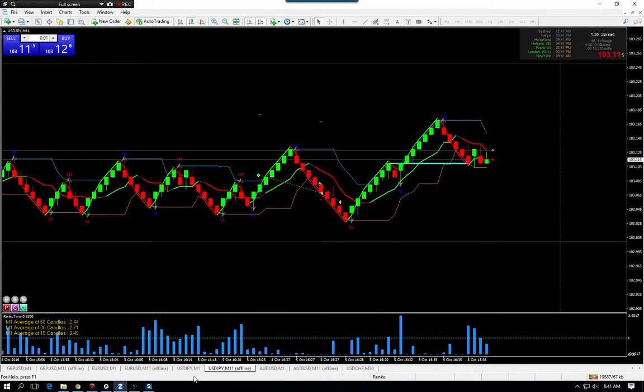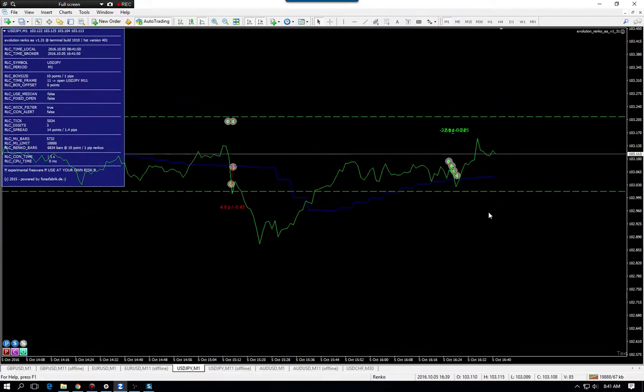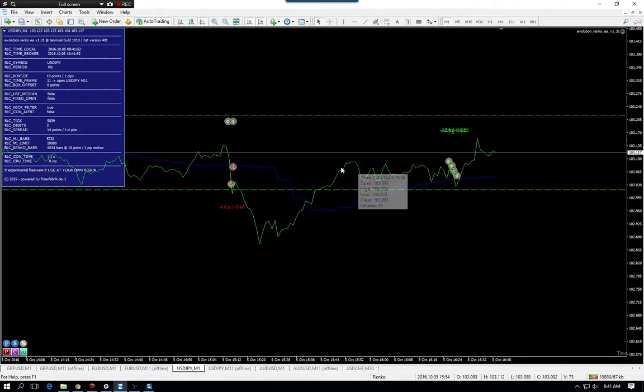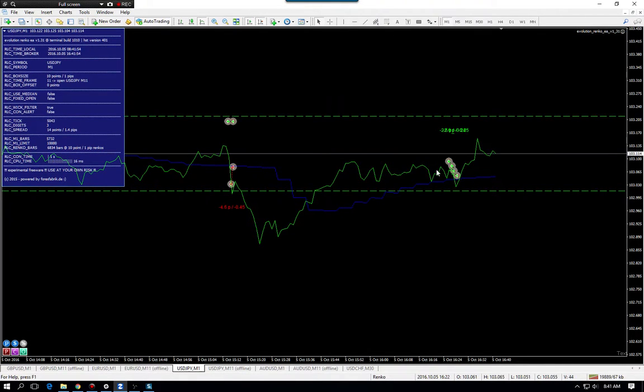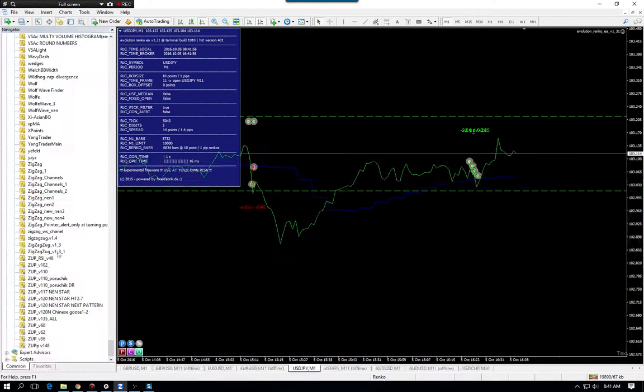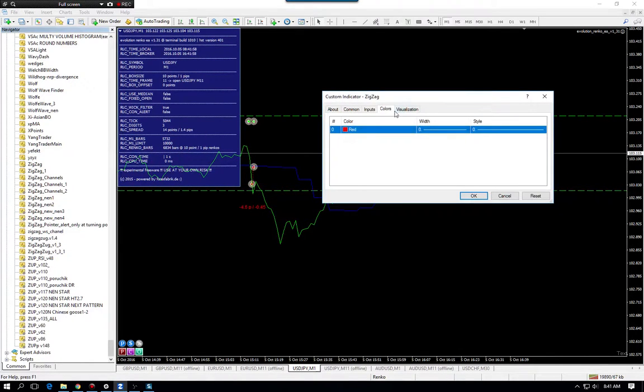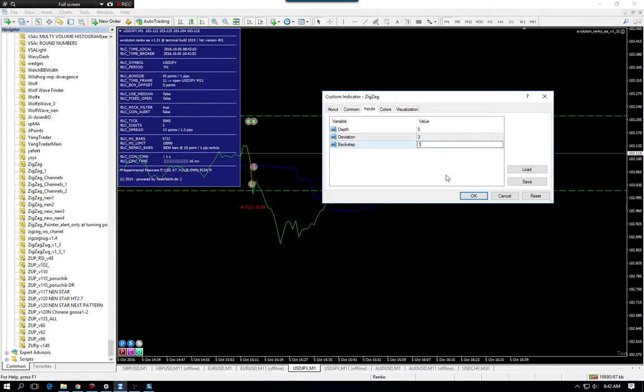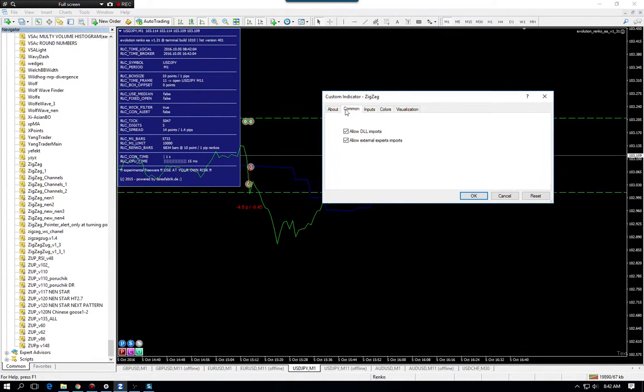Let's look at it on here. We can see we were flat. And I'll throw a zigzag on here so you can see too. Let's do zigzag, and I'm going to do 5, 3, 1, just so you can hopefully see what I'm talking about.